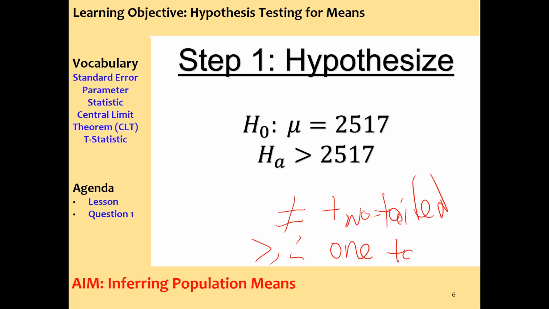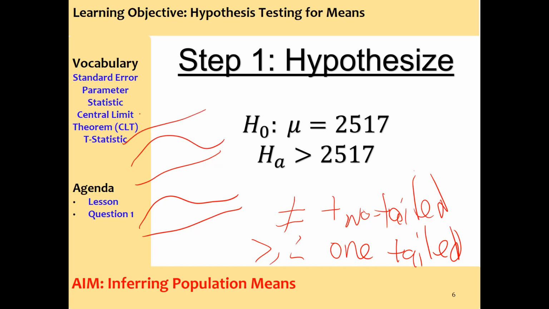When we talk about tails, we're talking about where we're shading in our normal curve. Two-tailed means when we say not equal, we go both sides. One tail could either be above or below, but it's only one tail of the curve. So here's our hypothesis. When I check your work starting tomorrow, I'm looking for an equal sign in the null hypothesis and no equal sign in the alternative hypothesis.